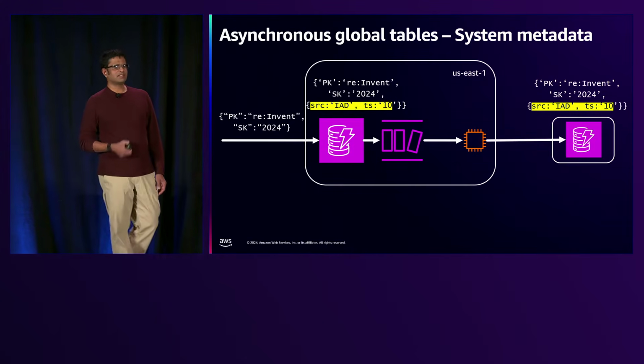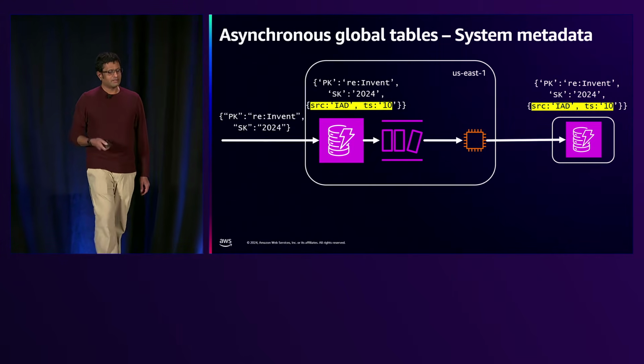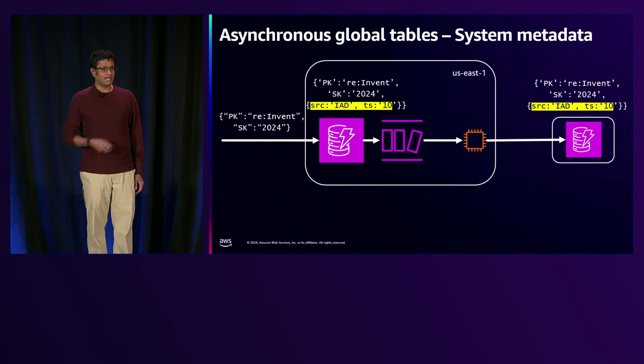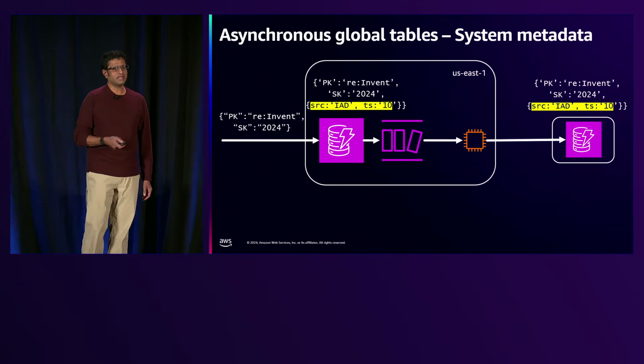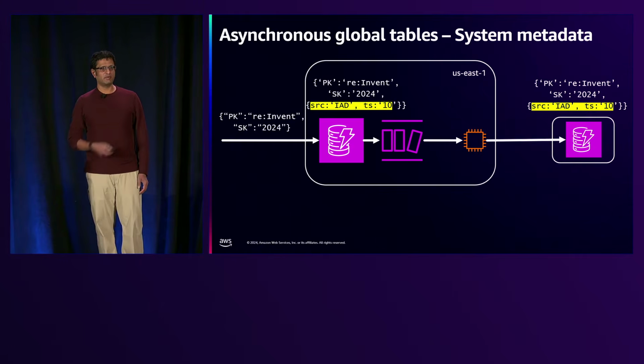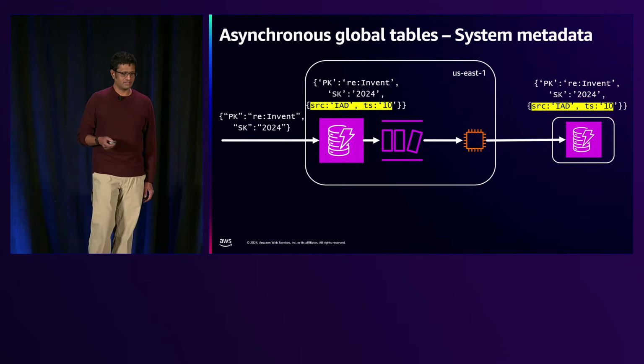And this timestamp is obtained from the timesync service. And we write the data to all 3 replicas regionally, and we write this same data also to the update streams. The replication engine, being a DynamoDB service, is able to read this metadata and replicate it to the destination regions.